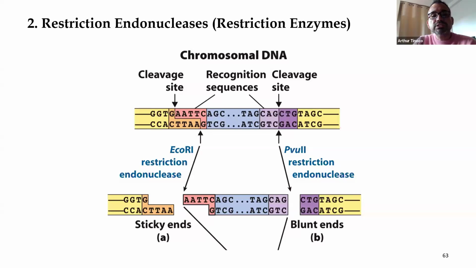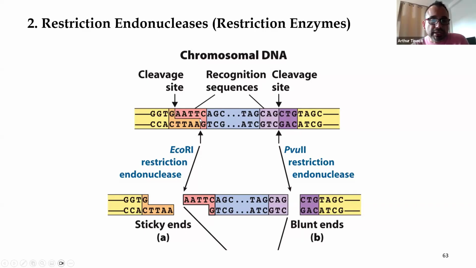All right, so here's a representation of a sequence. This is coming from chromosomal DNA, and here we have certain sites that we want to cut. This is a site for cleavage, the recognition sequence, and another cleavage. So according to what we have here, on the sense and antisense strand, we can use the EcoRI restriction enzyme.